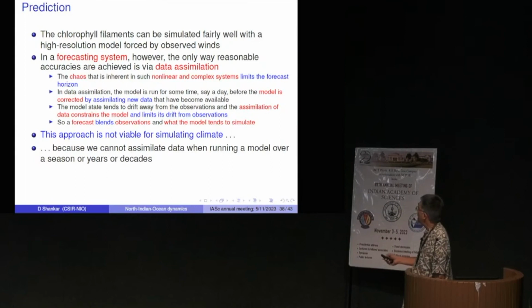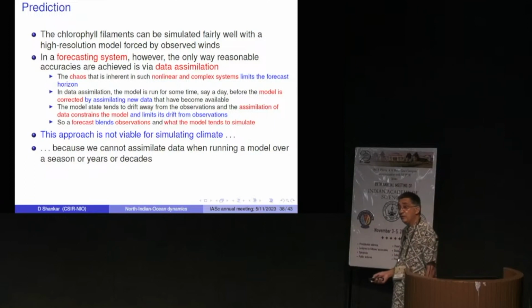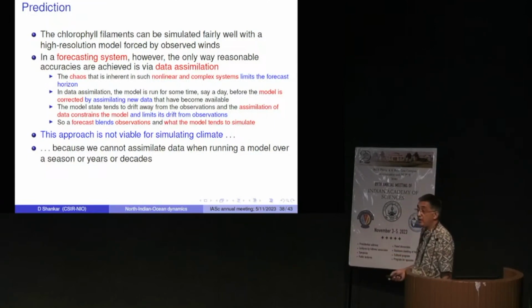There is no question of why you want prediction. That's obvious. The chlorophyll filaments can be simulated fairly well with a high resolution model forced by observed winds. Now in a forecasting system, the only way you achieve reasonable accuracies is by what's called data assimilation.